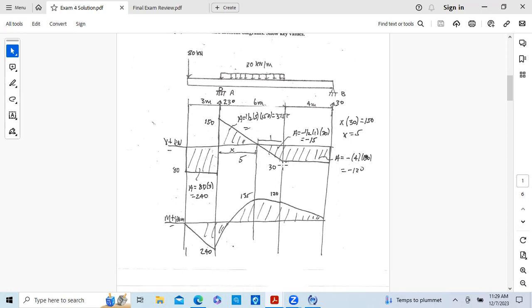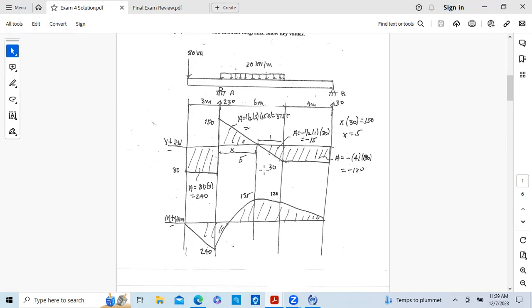And then it's constant from here on. So this is 30 here. We get to support B, and sure enough, there is our 30 up, and it takes us back to 0. So we started at 0 and ended at 0, so we're sure that our reactions are correct, and so this shear diagram is correct.